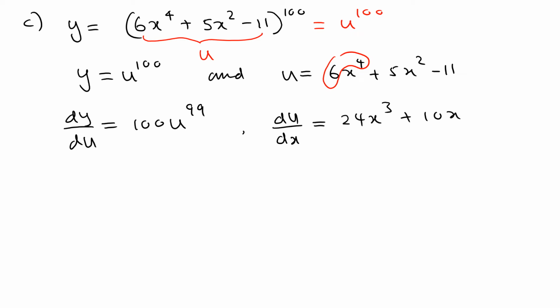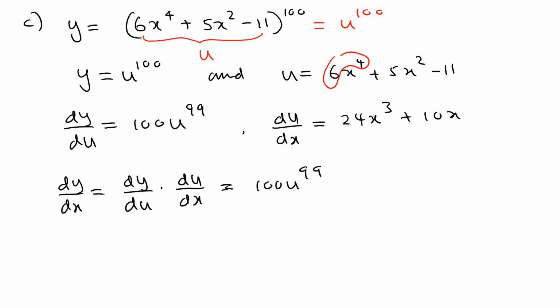Now we can use the formula. So it is dy by dx equal dy over du times du over dx. So we're going to substitute, which is 10u to the 9th, and then we have 24x cubed plus 10x.